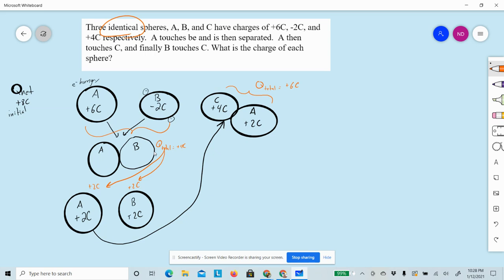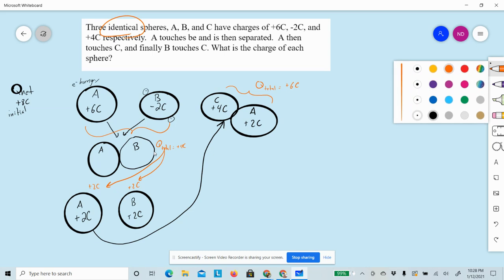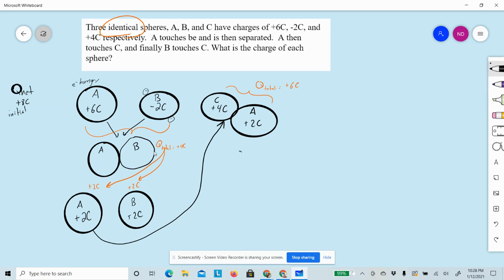That plus 6 coulombs, they're both electron hungry. C is more electron hungry than A is, but it's going to balance itself out. When they're separated, if this is plus 6, that plus 6 is going to separate themselves to plus 3 coulombs, plus 3 coulombs.